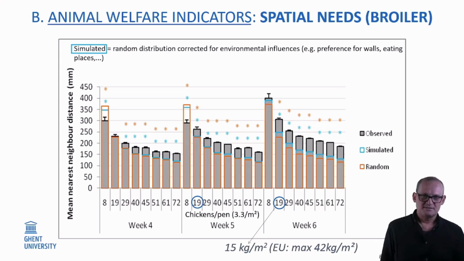We came to the same conclusion when we used not a truly random distribution of the animals, but a simulated distribution which takes into account that the animals are attracted to walls and to places where they can eat, that there are places in the pen that are more attractive, and therefore they tend to cluster around these facilities.